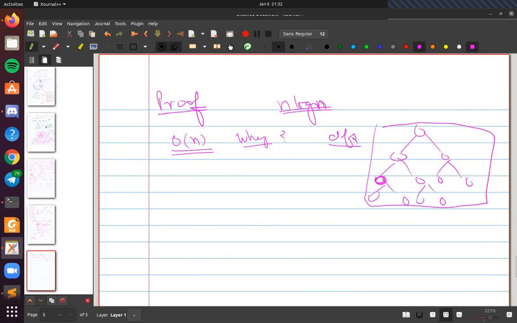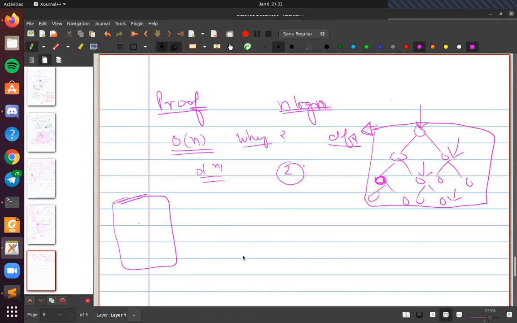Then again you come to this, then you may come to this, so you can say that you are visiting each node twice in this tree. But overall, for the whole tree, how many times are you visiting each node? How many times will a node be visited? That is the same as how many times it will be counted in a DFS.